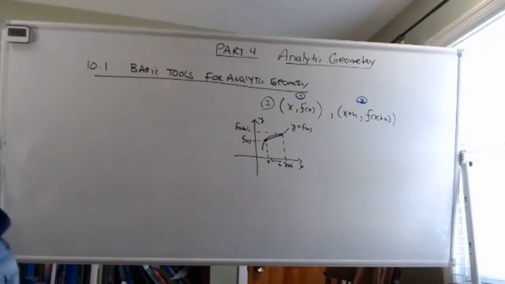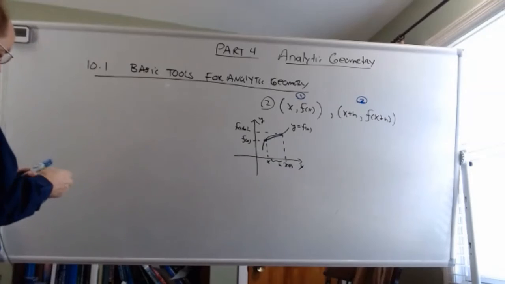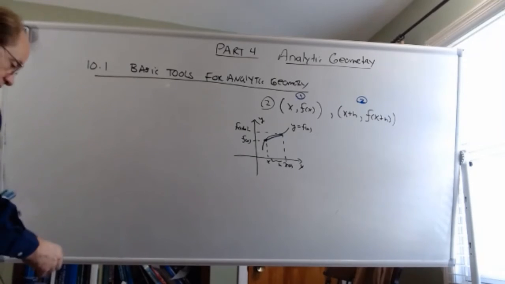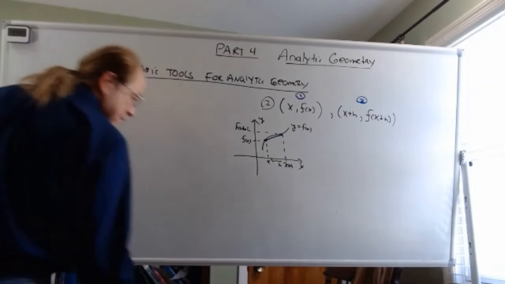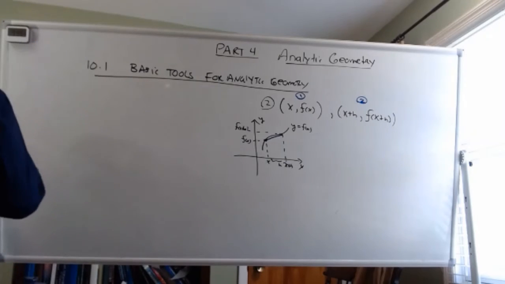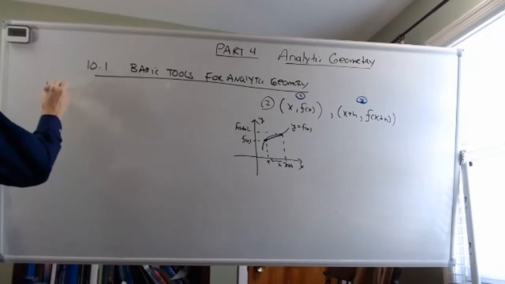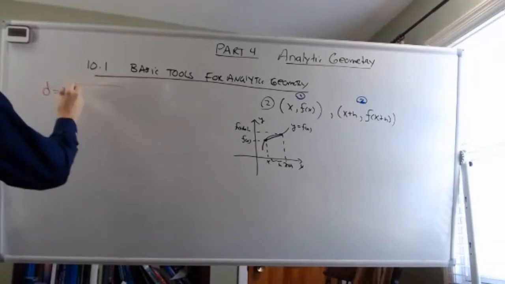That'll make the calculus all the more easy. Multiply everything out and see if you can get this. And if you can't, we'll see it. So one way to represent that distance d is as follows.